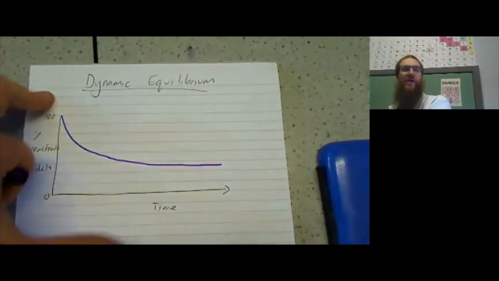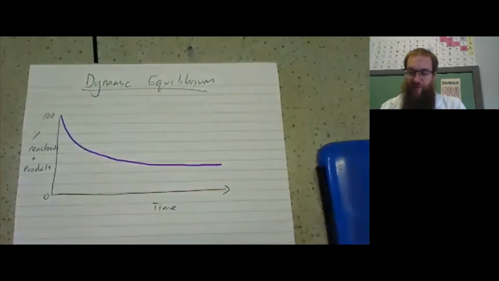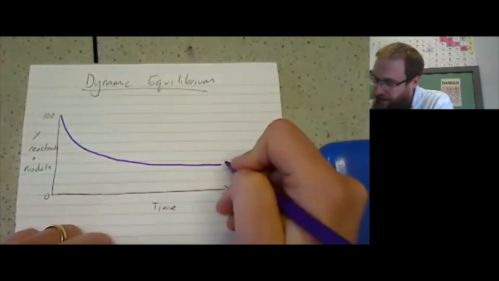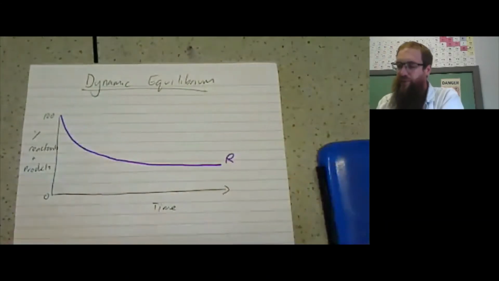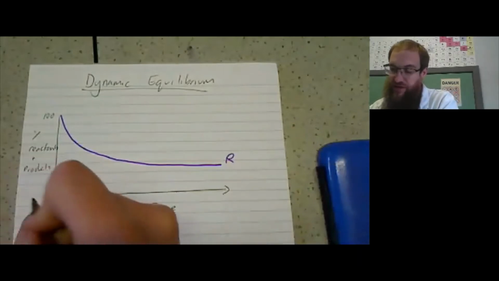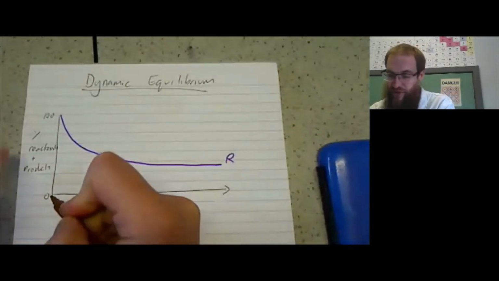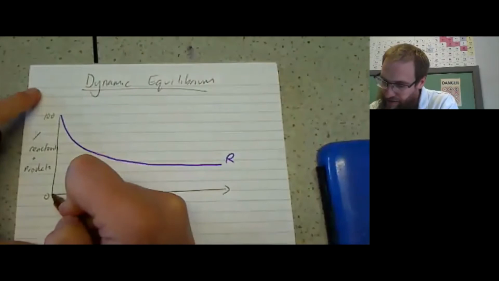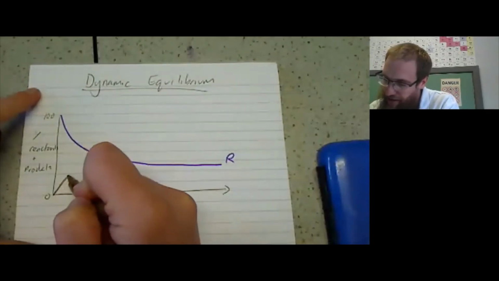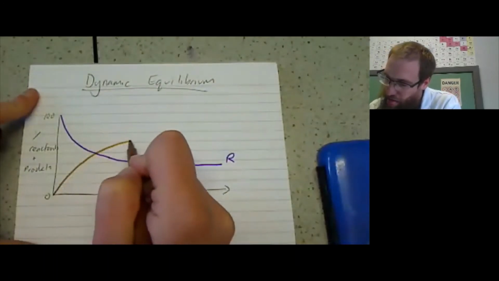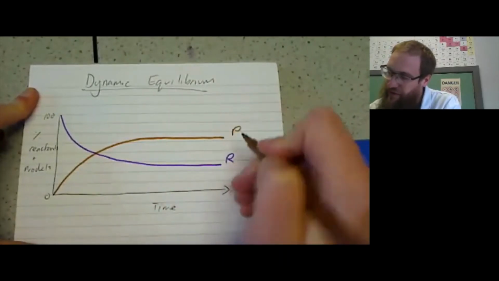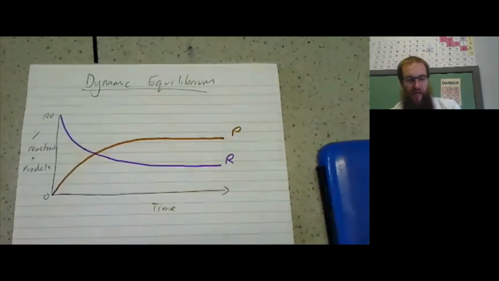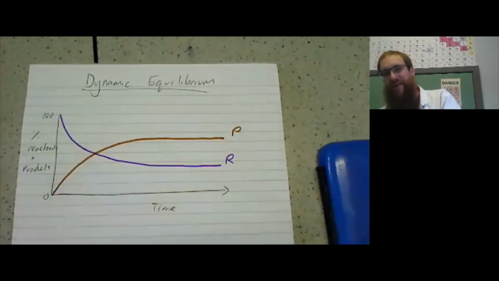I'll label that line R for reactants. Now for the products, they start at 0% because you don't have any right at the beginning, and then they gradually increase, and those are the products. So we'll label that line P. Now you'll notice that neither goes all the way to the top and all the way to the bottom.